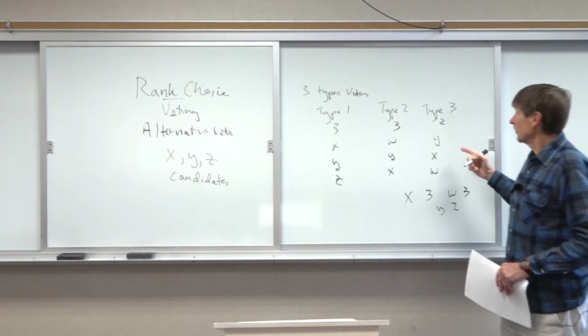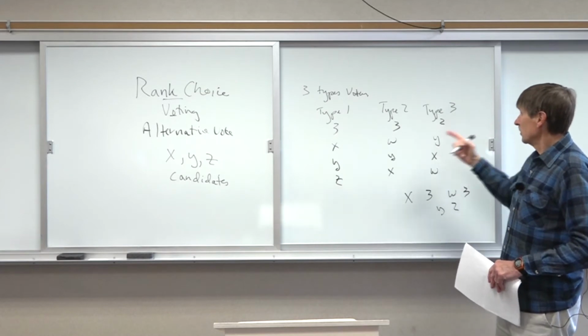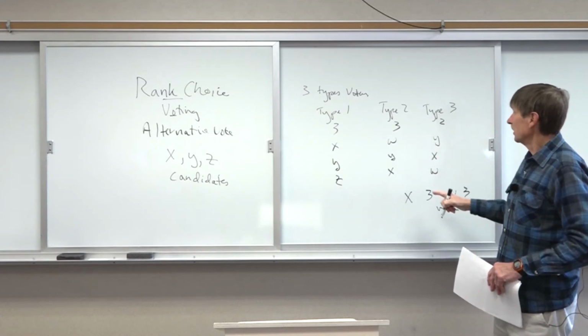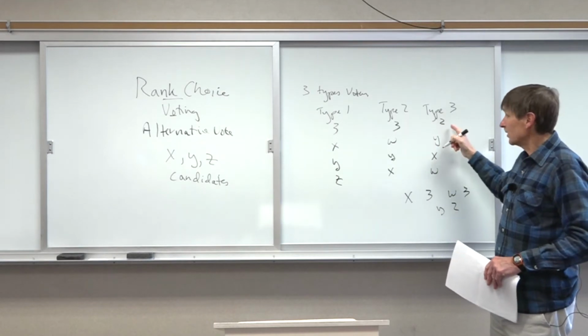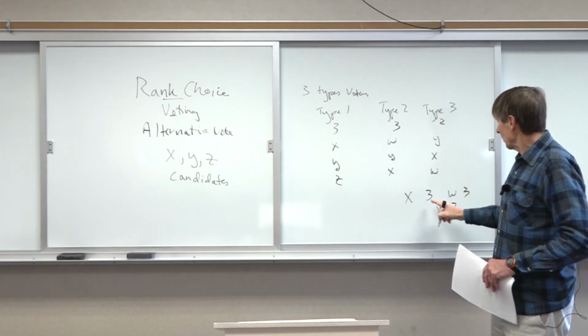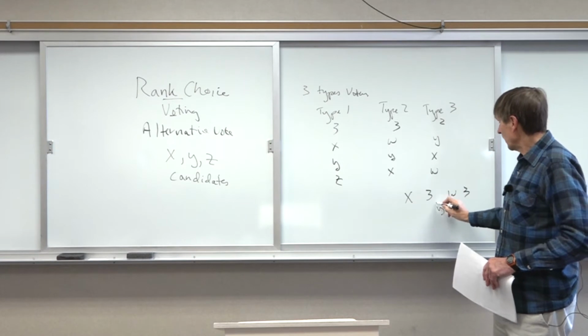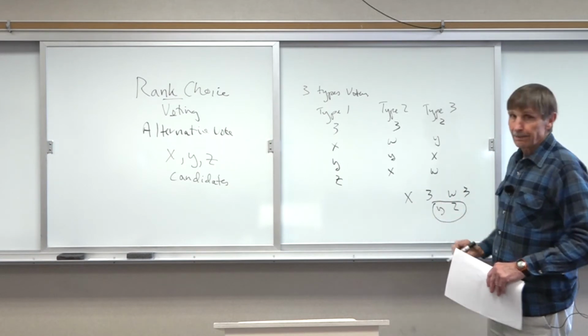So now if we look at this, then nobody got a majority, right? So you need 5 to win. That adds up to 8, so you need 5 to win. And so what's going to happen is Y is going to get eliminated. Okay?